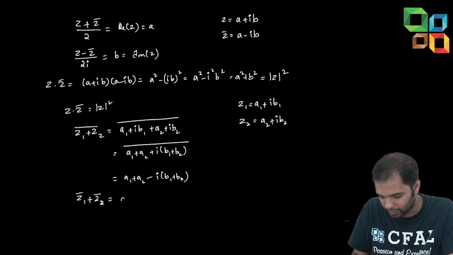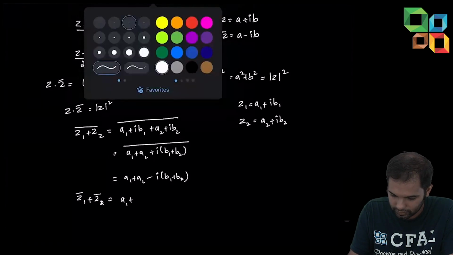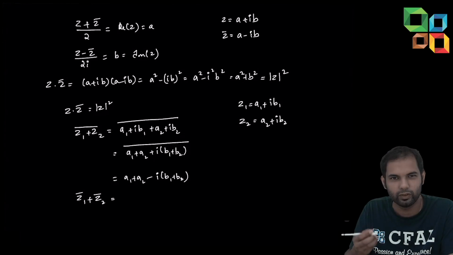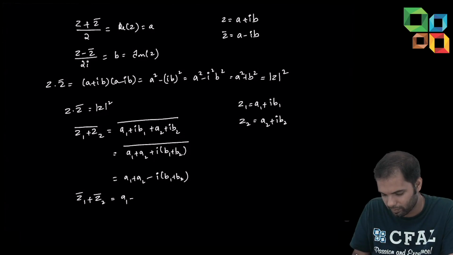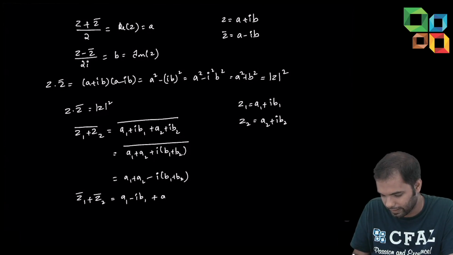So z1 bar is what? z1 bar would be a1 minus ib1 and z2 bar would be a2 minus ib2.